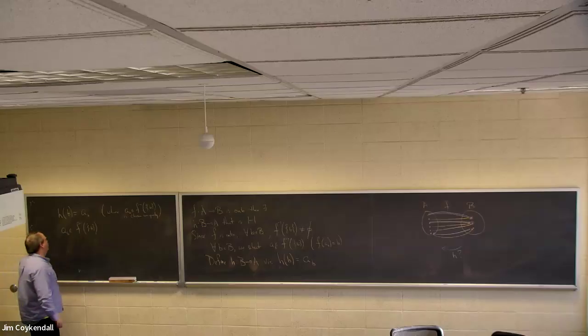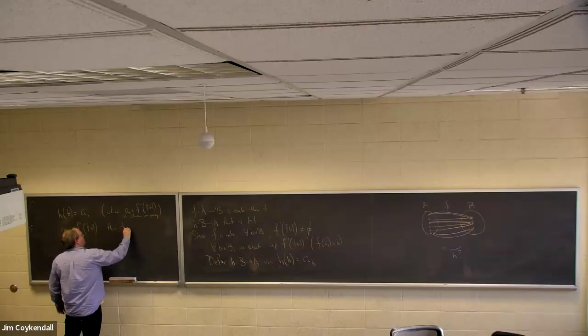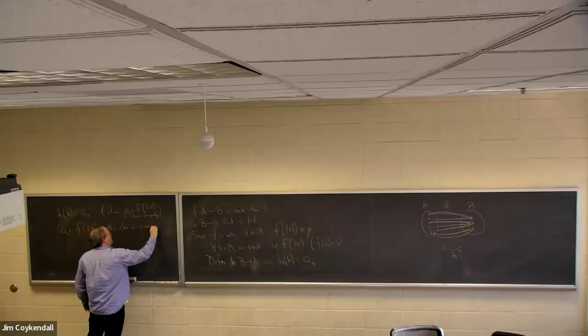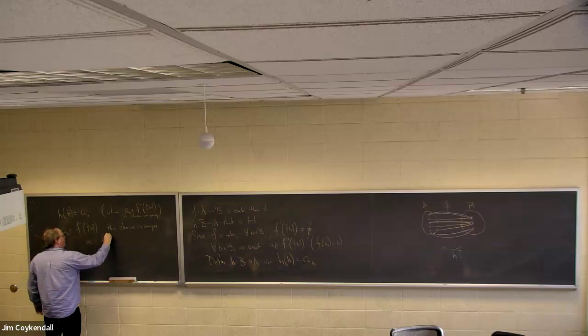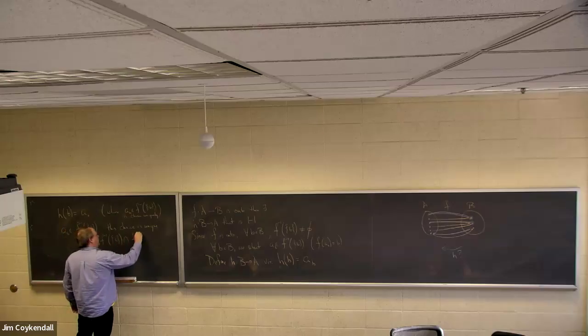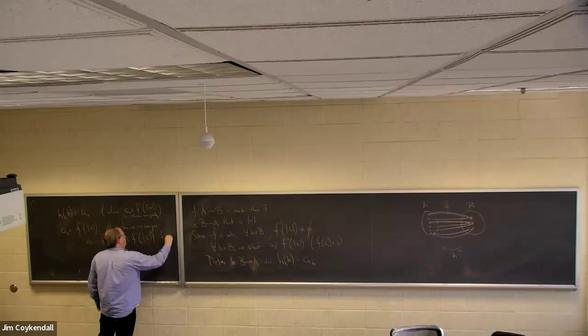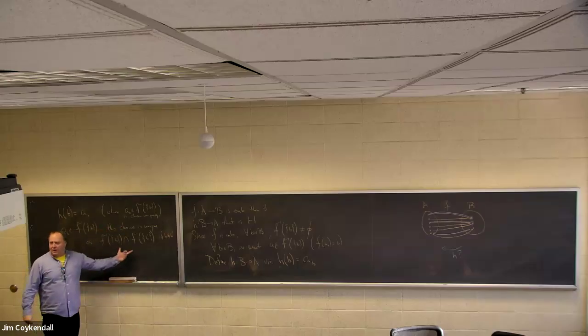Let me point out, X, F inverse of B, intersect F inverse of B prime, if B is different from B prime. Is that clear to you all?